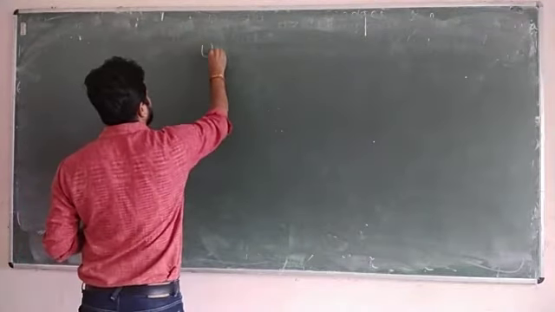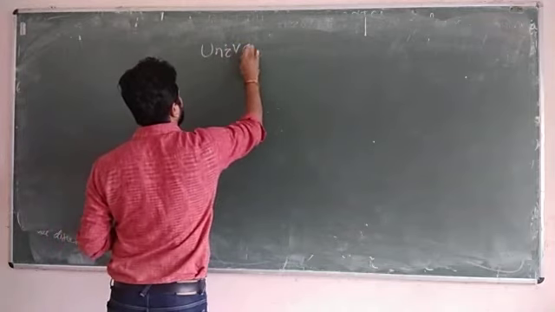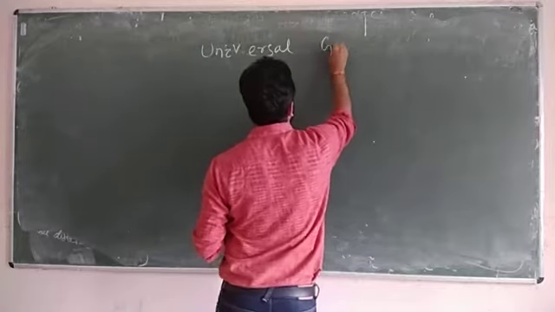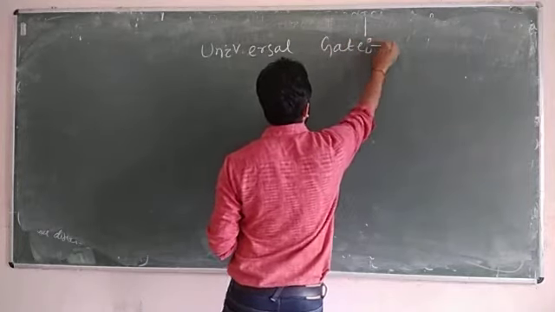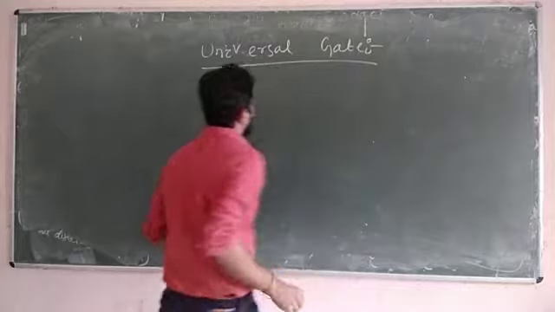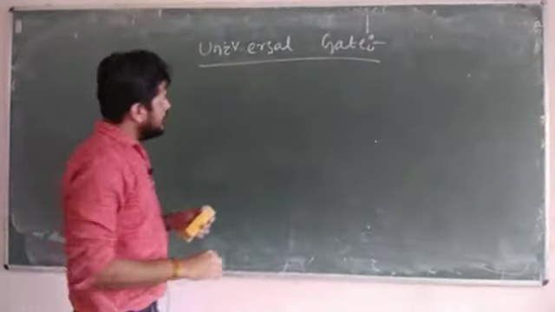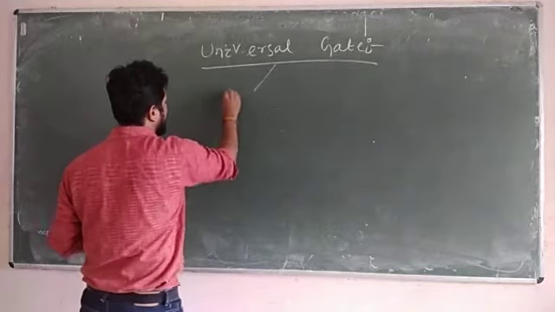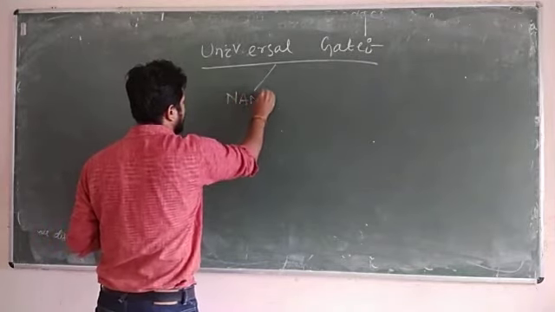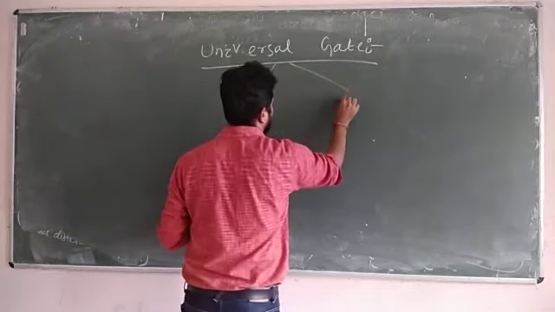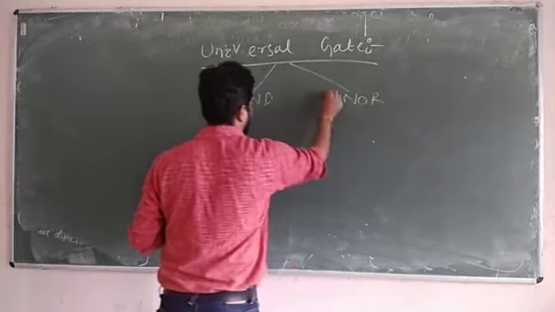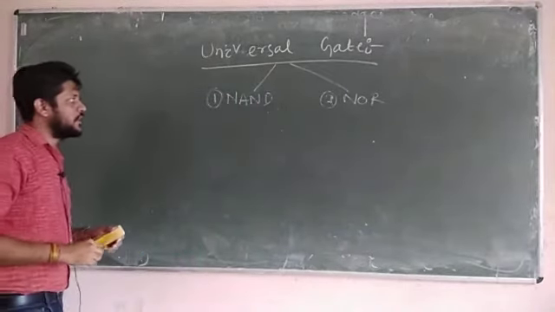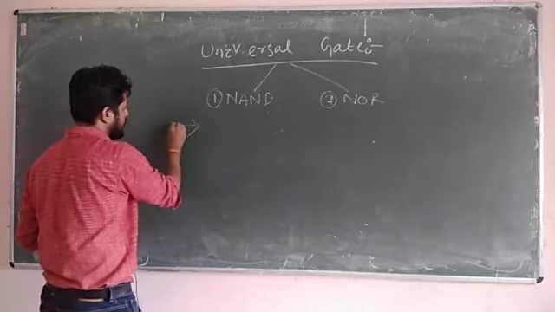So first of all, universal gate. In logic gates, in Boolean algebra, there are 2 universal gates present, that is your NAND gate and NOR gate. These two gates are known as universal gates. Why are these gates known as universal gates?